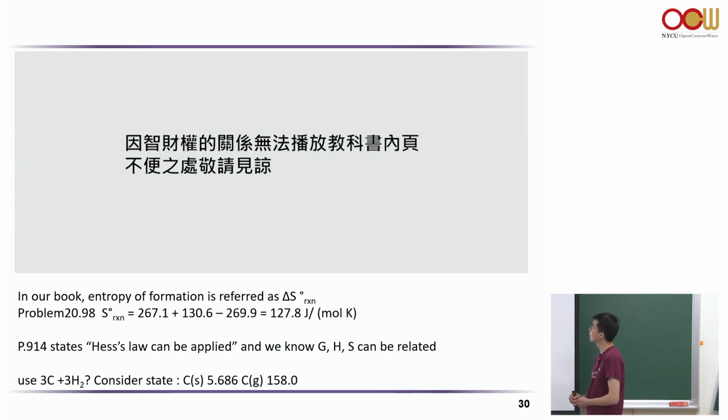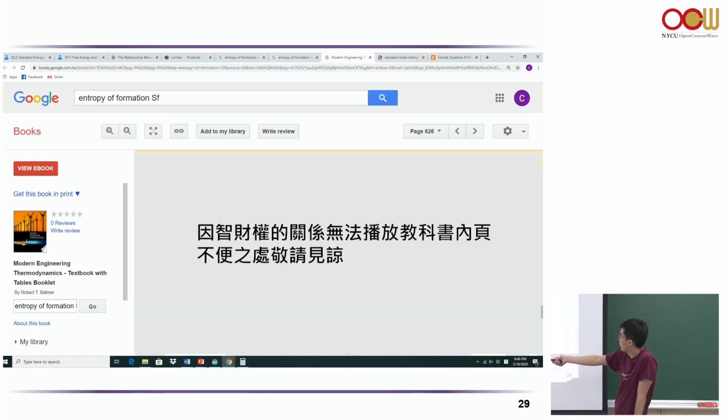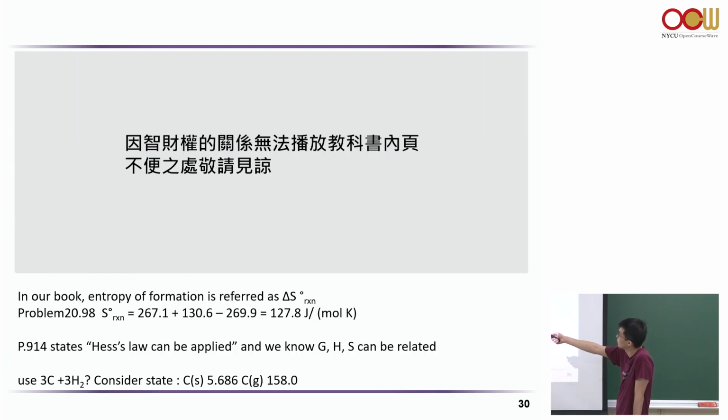If you look at the symbol, it's a little bit different, but generally this is the same as our big delta S. Okay, so they run the calculation, and here it says C(s) plus 2H2 gives methane. This is not a real chemical reaction, okay? But since the way the table is constructed, it still allows us to do some calculation, okay?